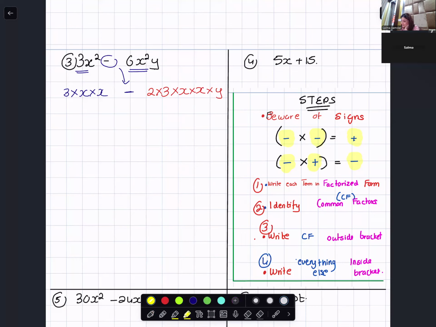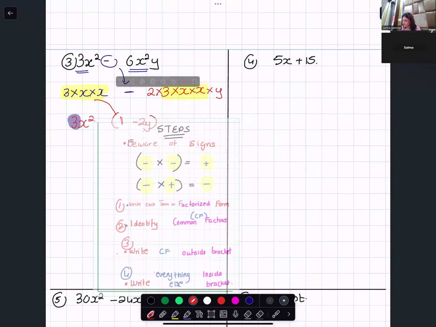After writing the terms, I will identify the common factors. So the common factor is 3x squared. Common factor is kept outside the bracket. Whatever is left, I'm left with 1 minus 2y. Everything else inside the bracket.